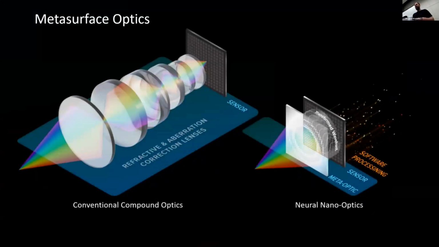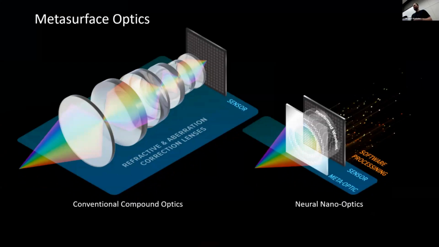So on a high level, what do we want to do, right? I showed you this compound lens element from before, from the Apple camera, and we want to replace that with one thin layer of a nanophotonic element plus some computation at the back end. So sort of like a low power reconstruction algorithm that's folded into the ISP at the back end.